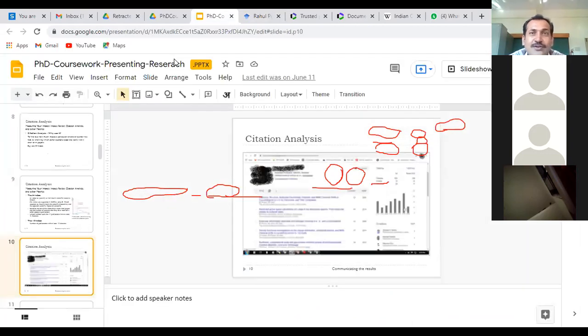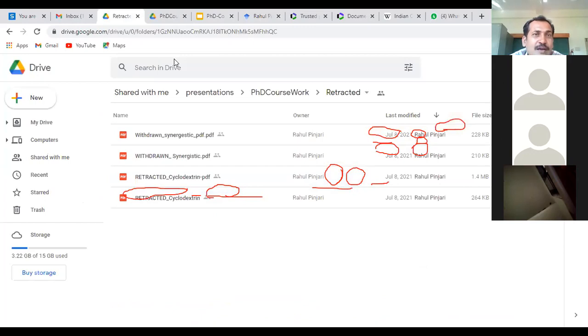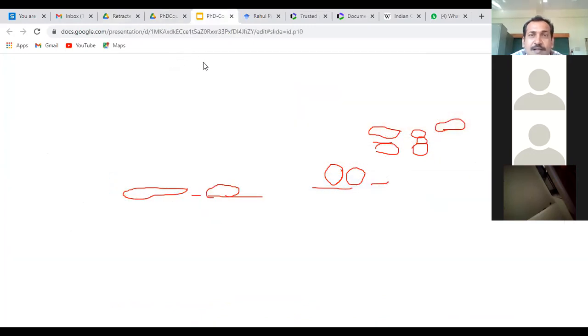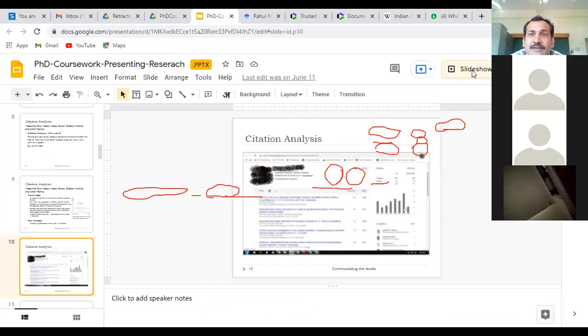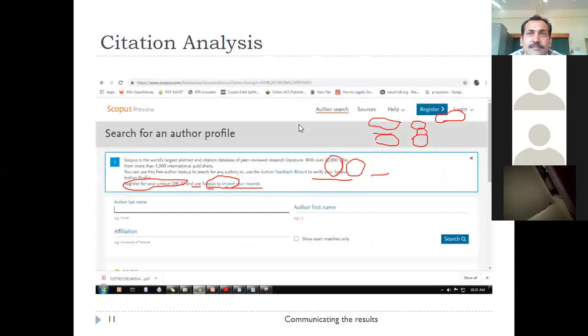Okay, and again we'll go to the slideshow. Okay, this is the citation analysis tool. We have explained Scopus online, so I will skip this particular slide.